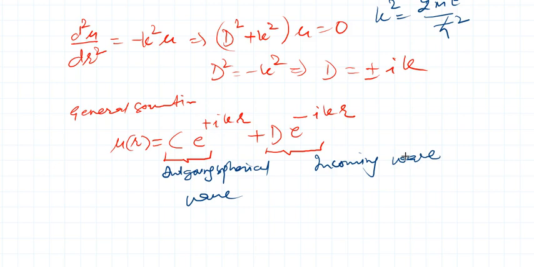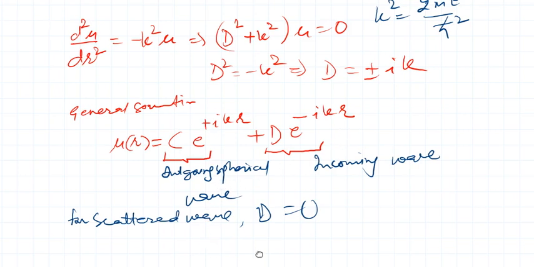But we are talking only about a scattered wave. So if I am talking about the scattered wave, that means the incoming wave should not be there. So for the scattered wave, D must be equal to 0. Then and only then the incoming wave part will not be there.